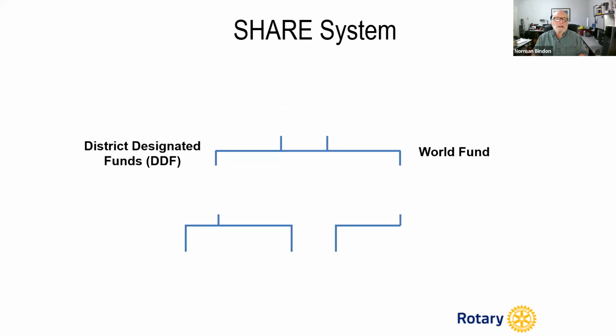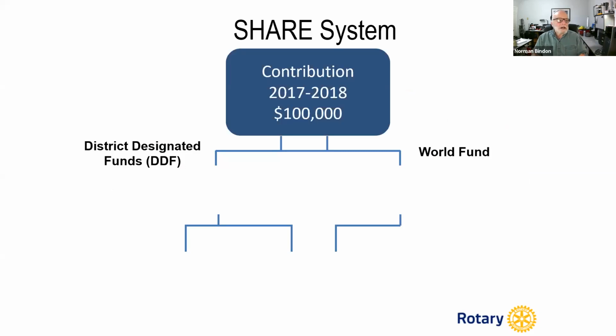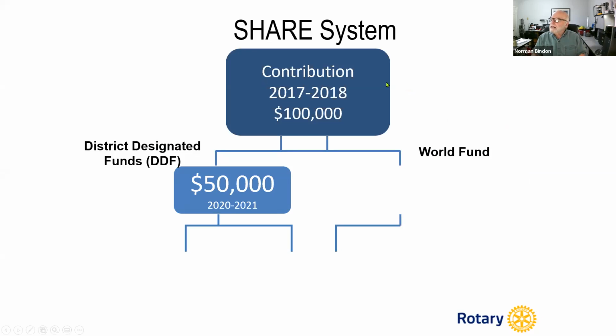A quick explanation. I used $100,000 because it's easy to see the money. We usually put into the annual fund in our district somewhere between $220,000 and $250,000. So you can just multiply by the appropriate number. 50,000 of that 3 years later comes back as district designated funds.